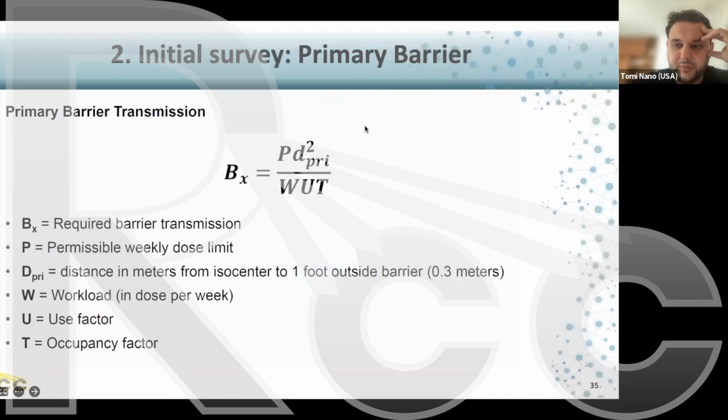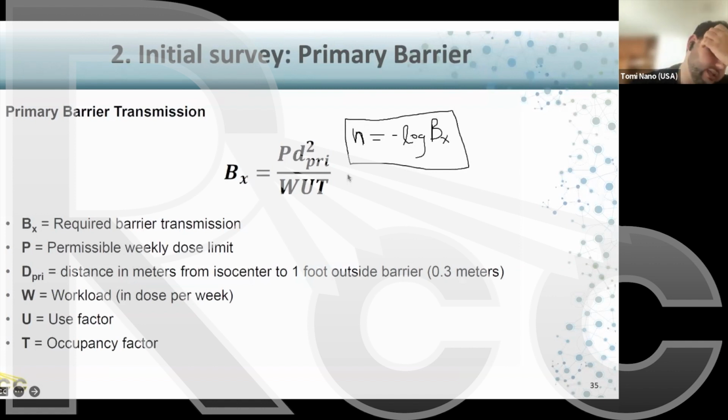So the number of 10th value layers N is equal to negative log of B_X. I'm just writing this on here. So this N is ultimately what you're calculating, and that's the number of 10th value layers that you need to achieve this barrier transmission factor.